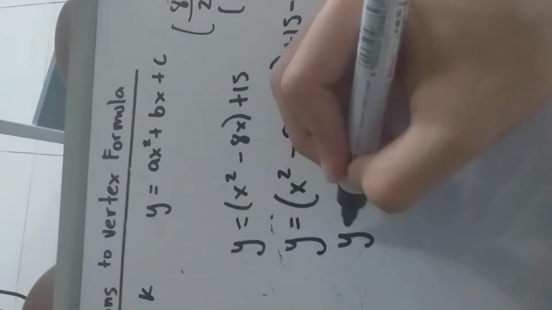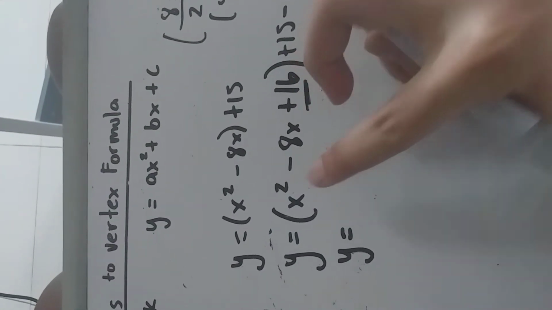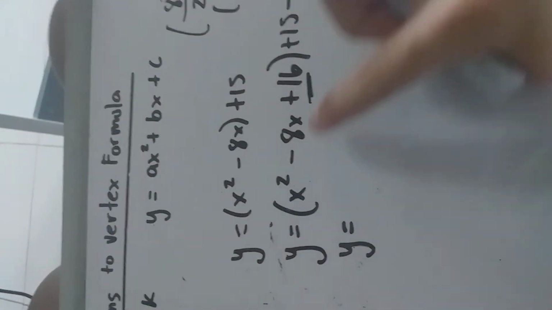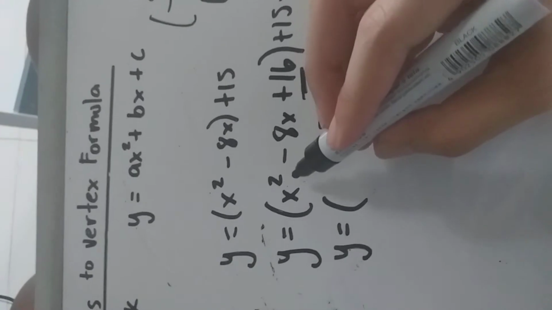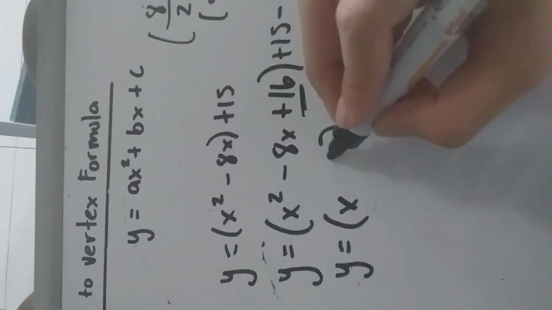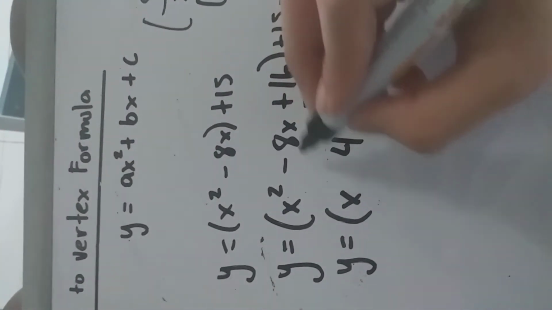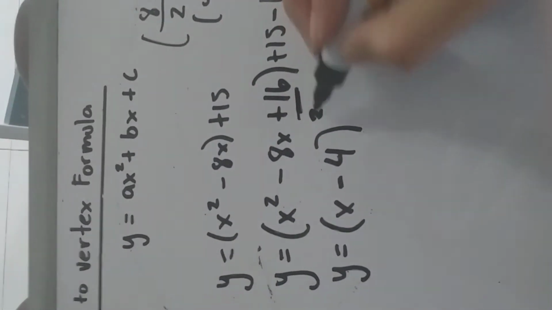Then simplify. To simplify a perfect square trinomial, all you need to do is find the square root of x squared and the square root of 16, and put them in parentheses. The square root of x squared is x, the square root of 16 is 4, and just copy the sign of the middle term, which is negative, so it becomes (x minus 4) squared.